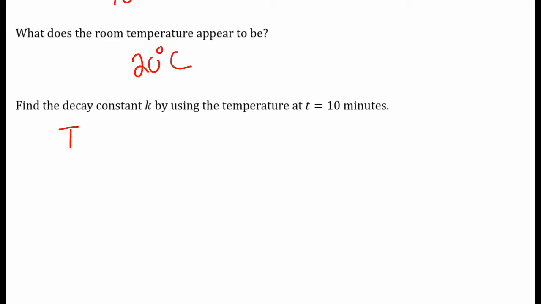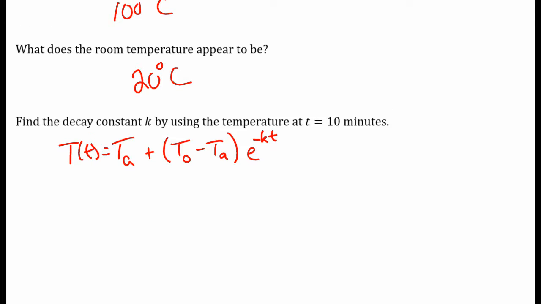So we know that T of t equals the ambient temperature plus the difference between the initial temperature and the ambient temperature times e to the negative kt, where k is this decay constant. Hopefully you flip back a page and copied Newton's law of cooling down from page 44 in your book.